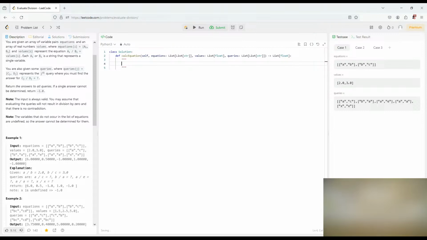However, how can we get the equation? So if we have A divided by B equals 2.0, why are there two variables?